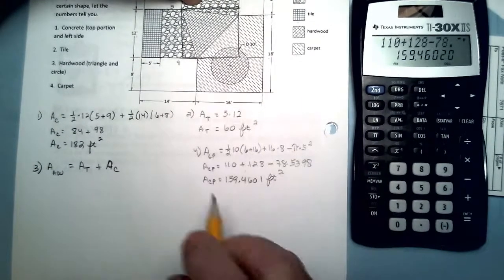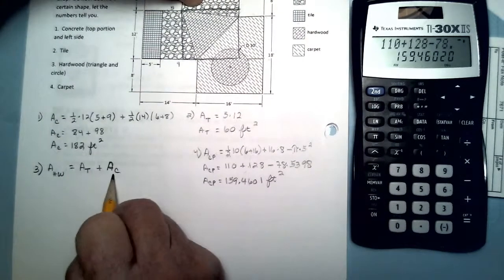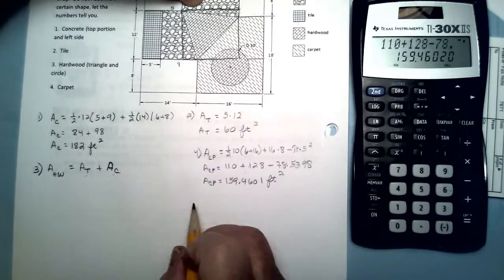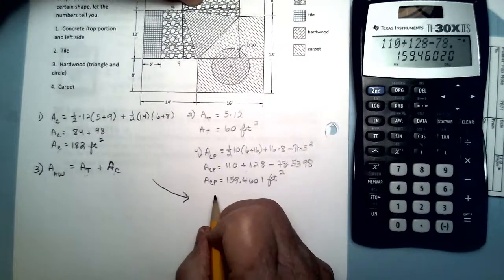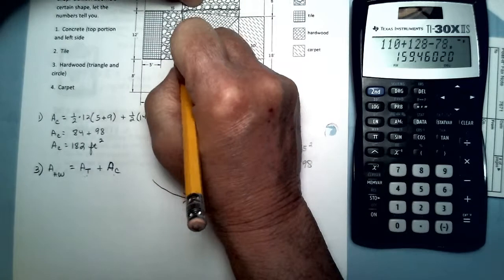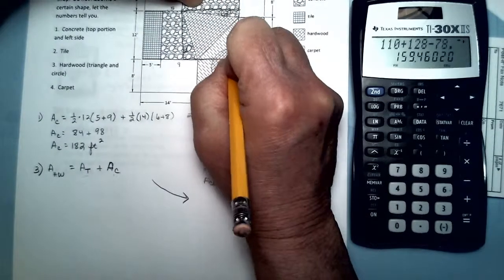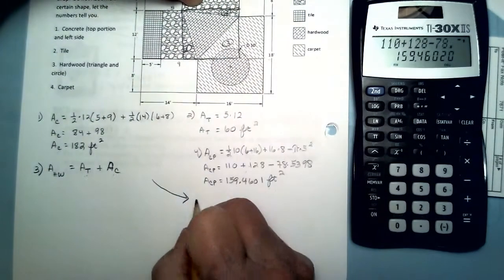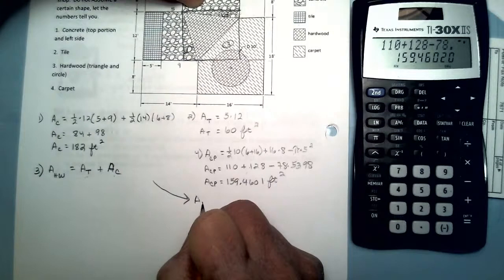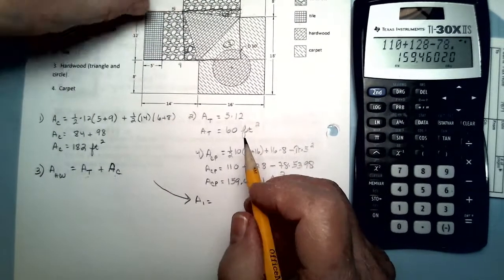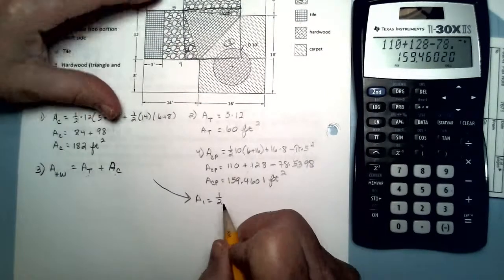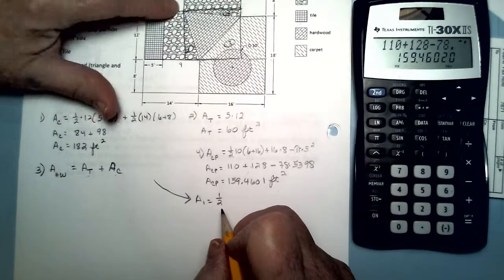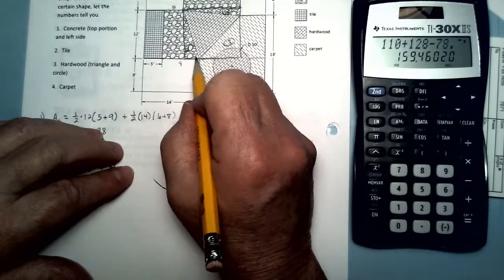So the area of the whole rectangle, and again, I already have the circle part. I'm doing a little sidebar here. So let's call this one 1, 2, and 3. The area for triangle number 1 is equal to 1/2 base times height. I know it's 12 high according to this, and what's this little guy here?